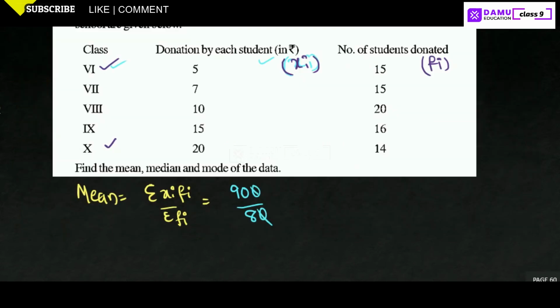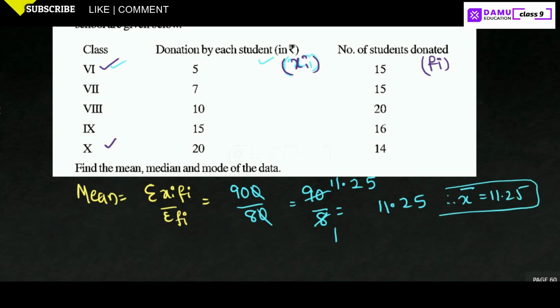Then 90 by 8, so what will you get here? 90 by 8 will be 8 elevens are 88, remaining 2, then point, 20, 16, then 4 will be 40, then 5. So 11.25. Therefore x bar will be equal to 11.25. So that is the mean.